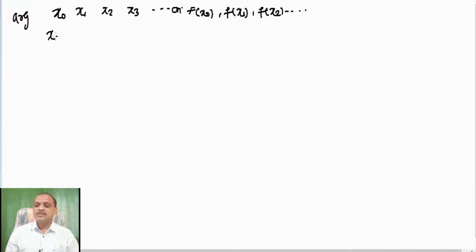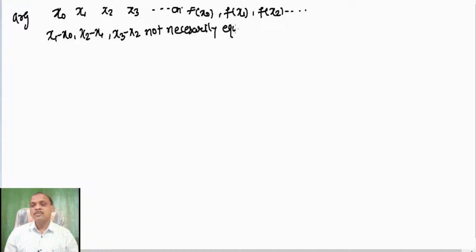Now here we assume that x1 minus x0, x2 minus x1, x3 minus x2 are not necessarily equal. It may be equal, it may not be; some may be equal and some may be unequal. Then we define the first divided differences.